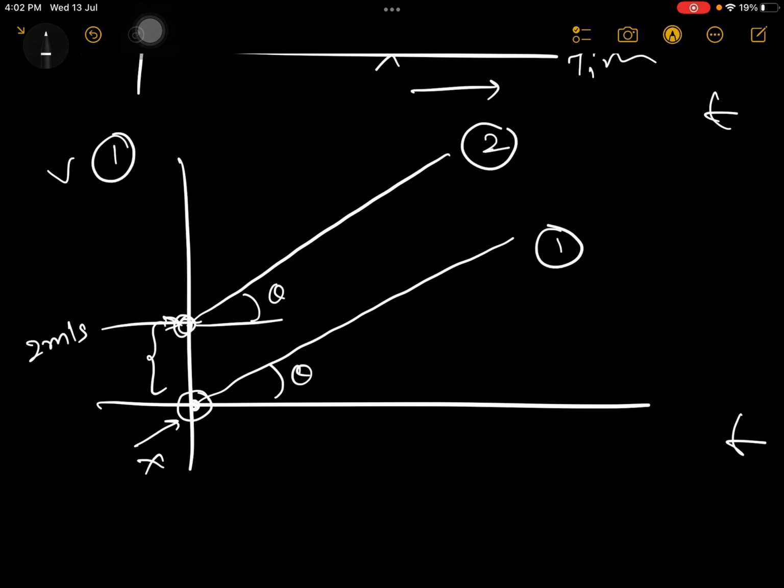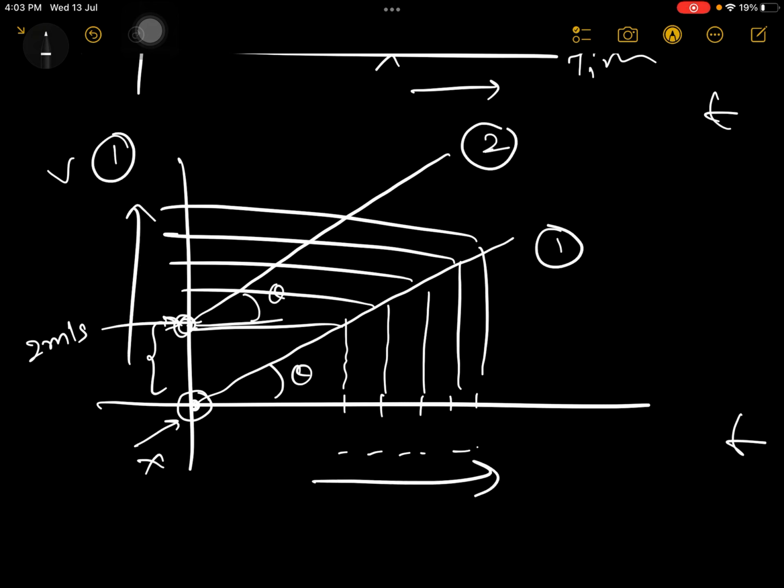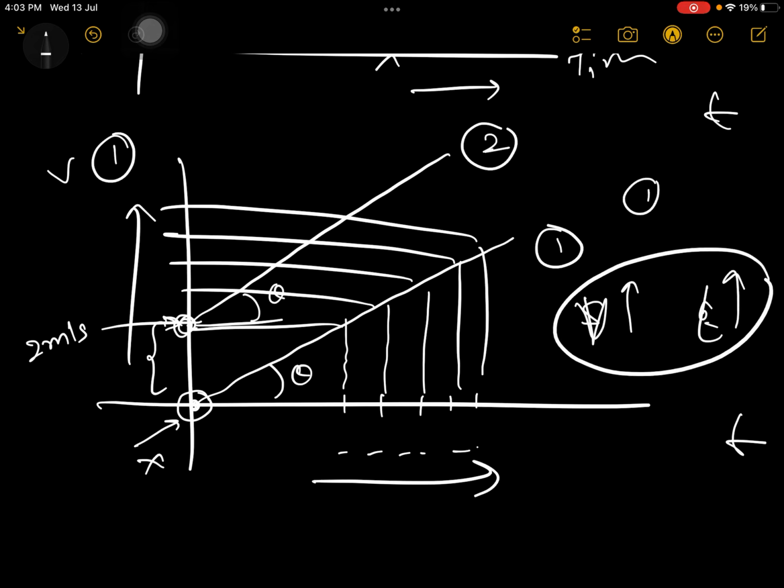And one more thing, you can clearly see that at every different time, your speed is changing. In the first graph you notice your speed is increasing when time is increasing. What does it mean? One thing is clear, motion is there or not?